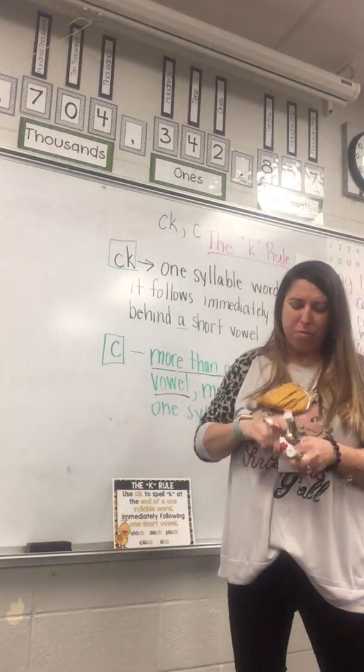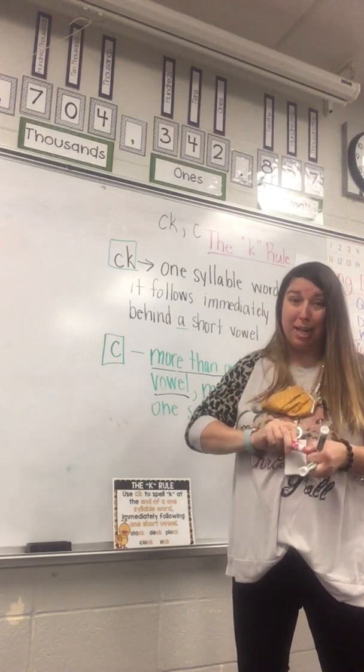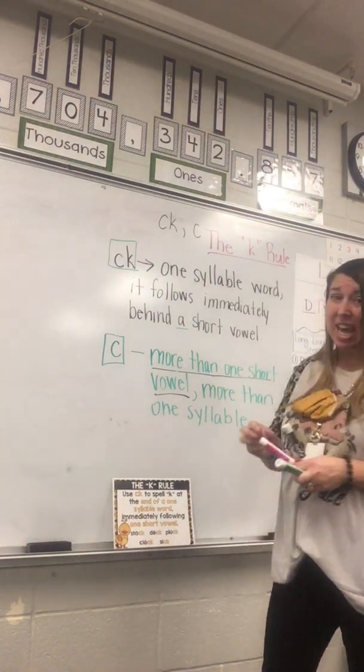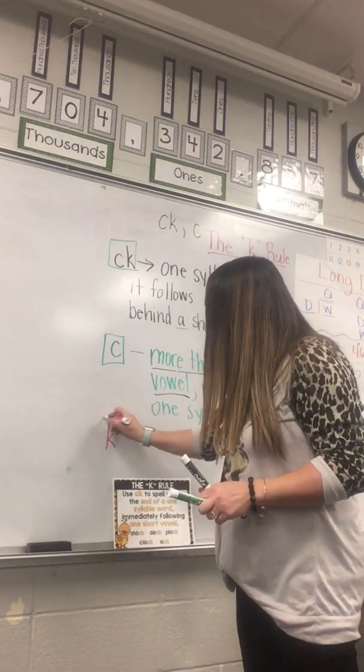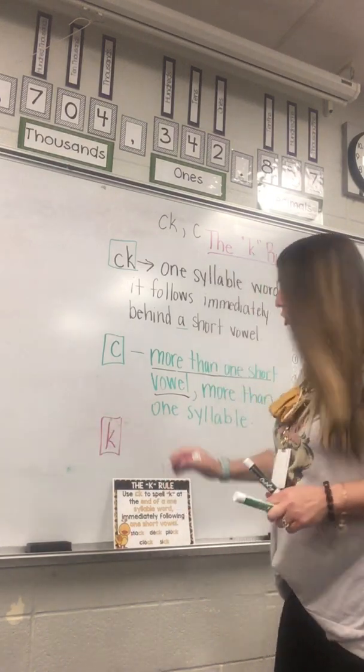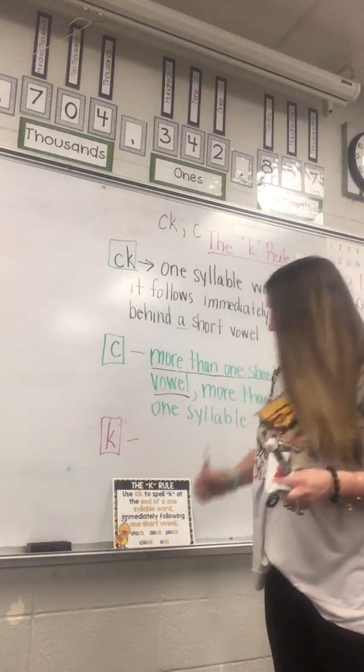Now, sometimes it's just a K, and this is not in our words this week, okay? But when I hear the k and it's just a K, this is where it's different.